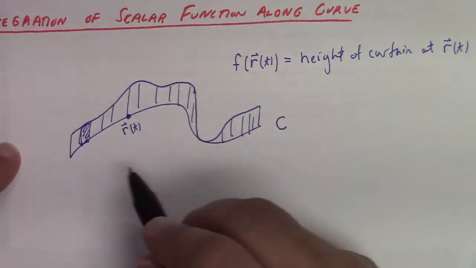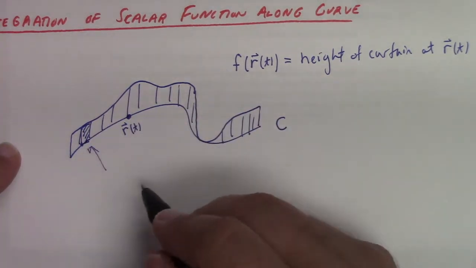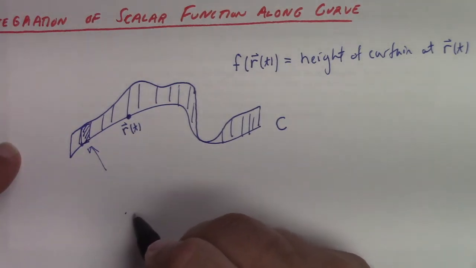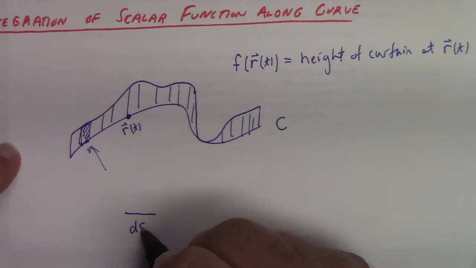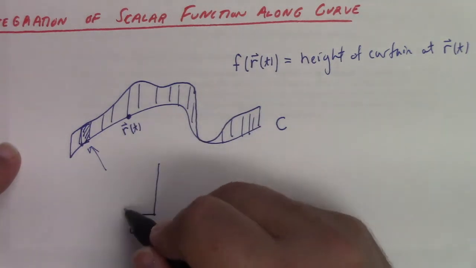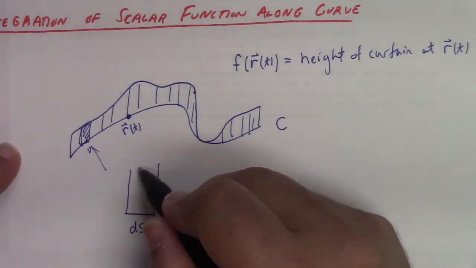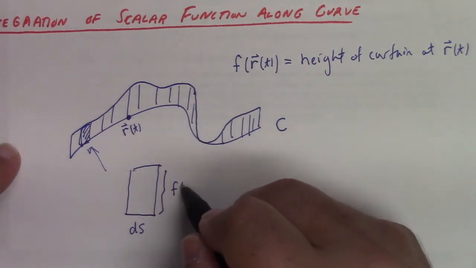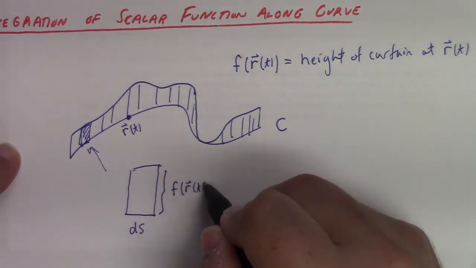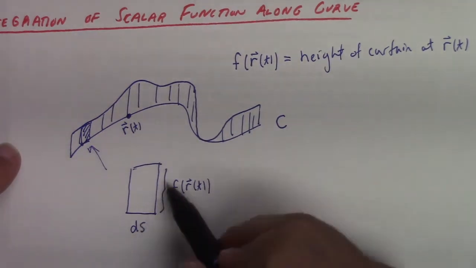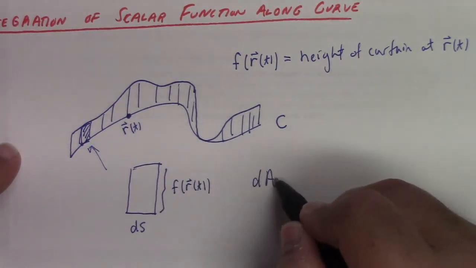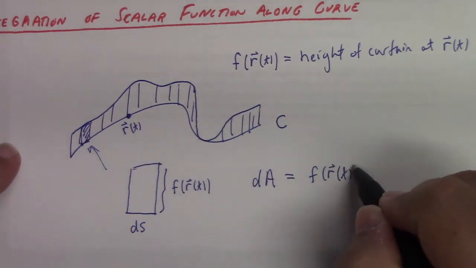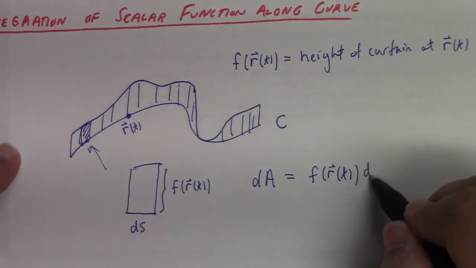And if I was to take that and blow it up, the bottom would have length ds, and it would have height essentially f of r of t, whatever that was there. So that's the width, that's the height. So the little bit of area from that would be f of r of t times ds.